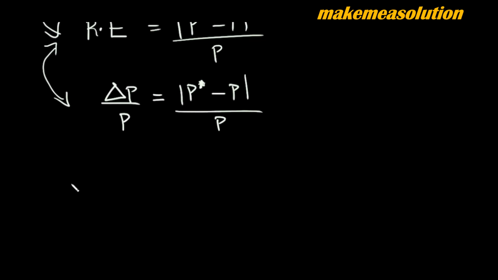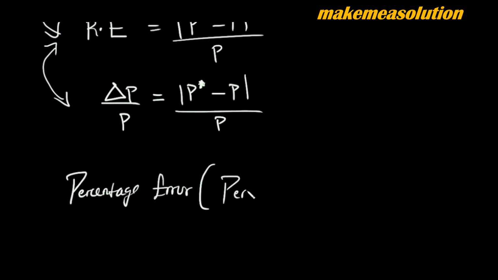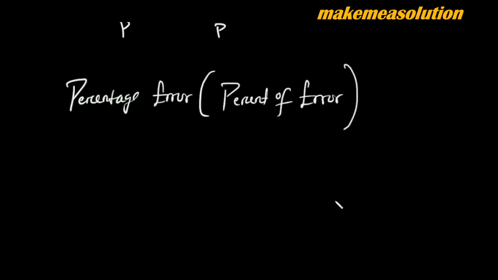So before I go into accuracy and precision, I'm going to talk about one, which is percentage error. Another way of saying it is percent of error. So percentage error or percent of error is now when you multiply the relative error by 100.